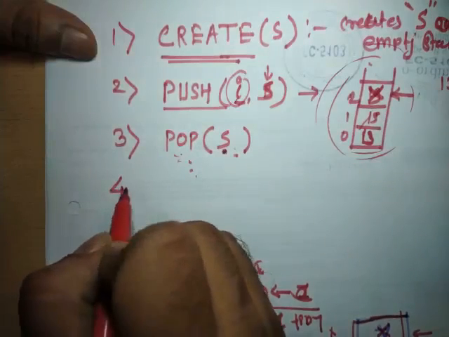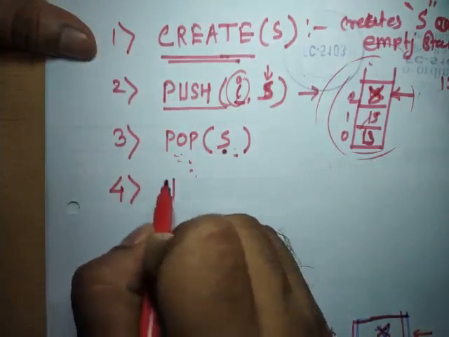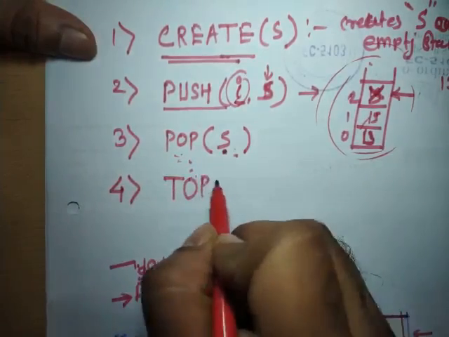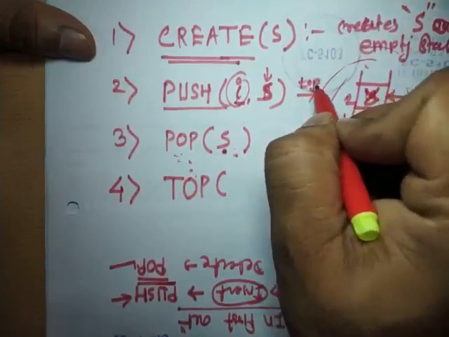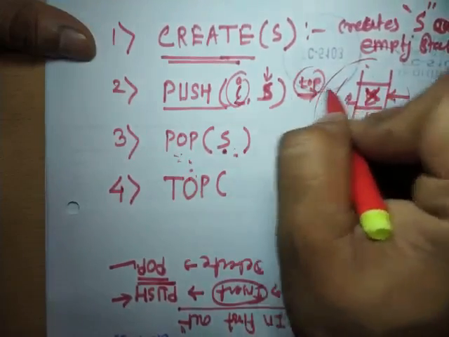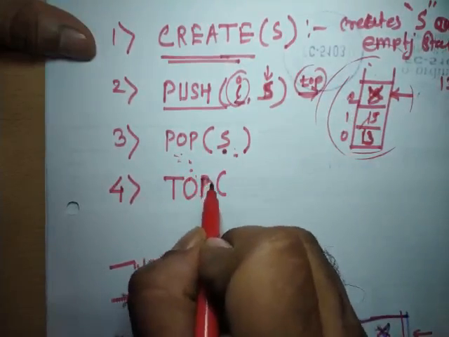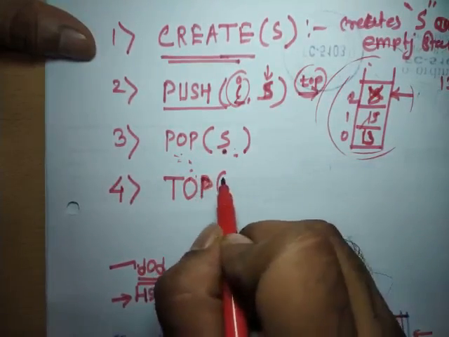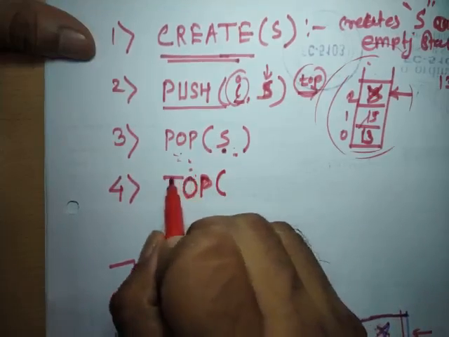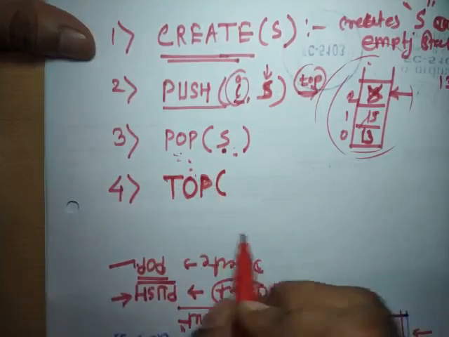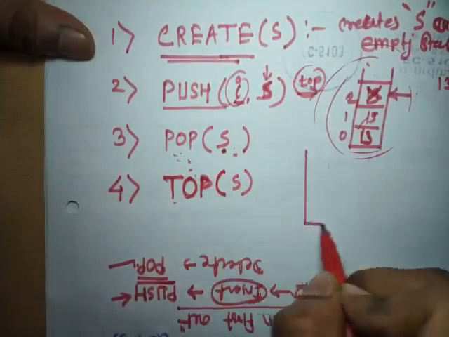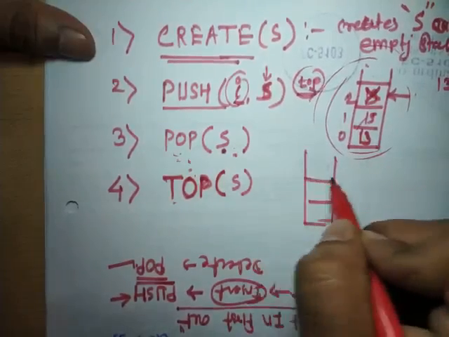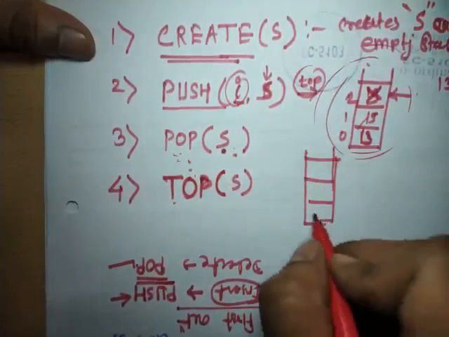Now we are going to see the fourth operation, that is the TOP operation. I am using capital TOP. The small top we are going to use in future is an index location, but this is capital TOP. This TOP operation takes a stack as an input and simply returns the topmost element.